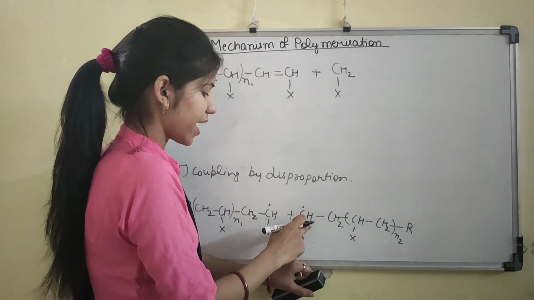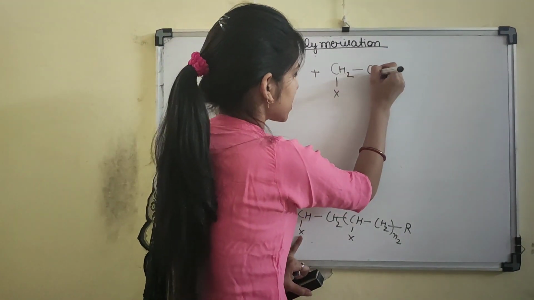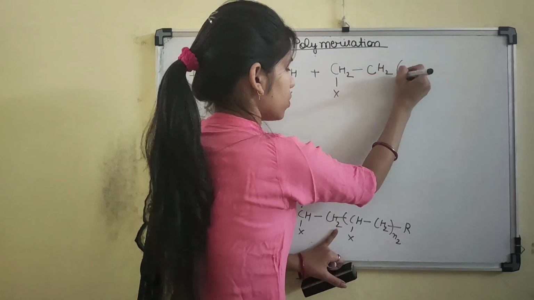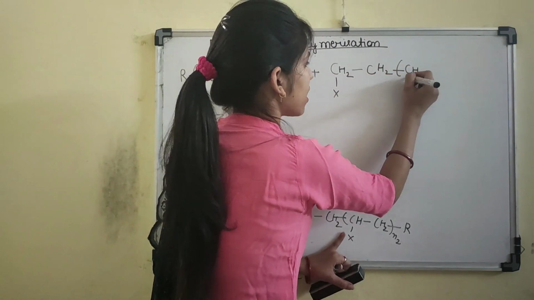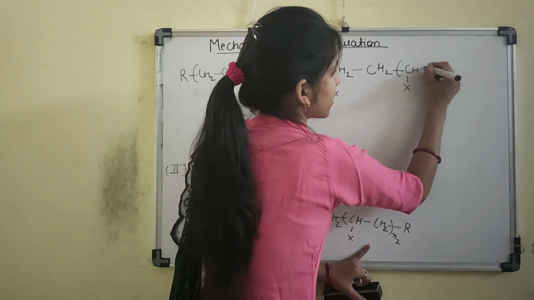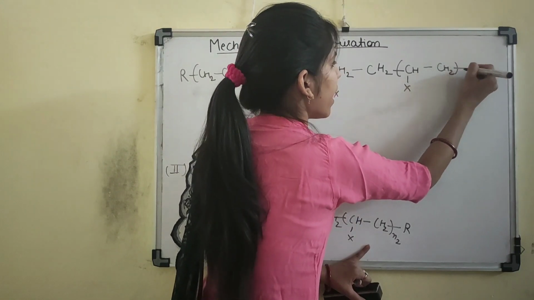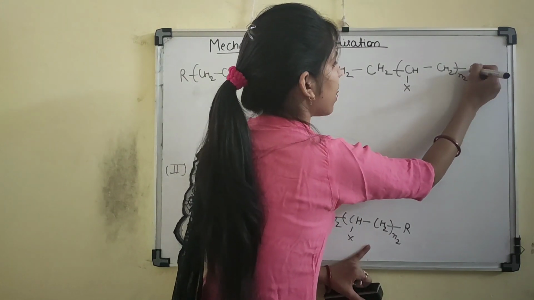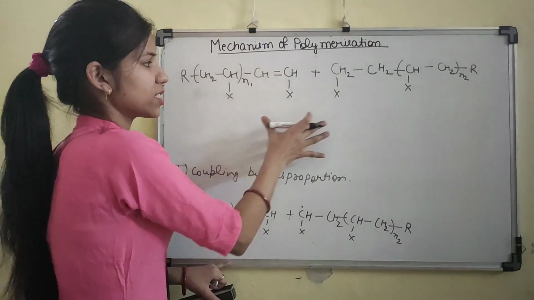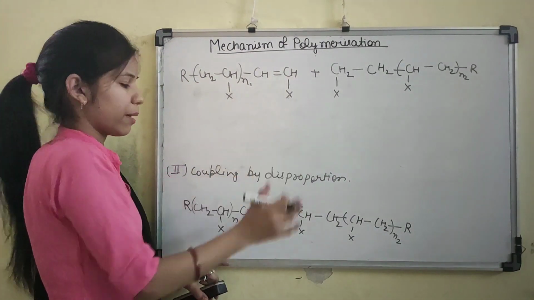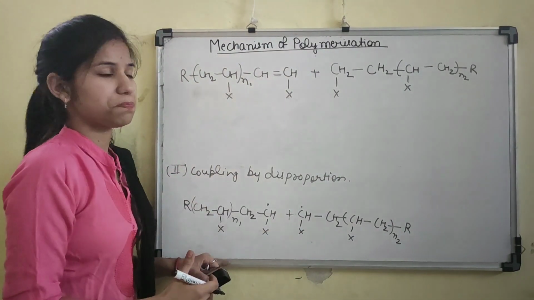So there is CH2X CH2 CHX CH2 N2 times R. So these two molecules are formed by the coupling of disproportion.